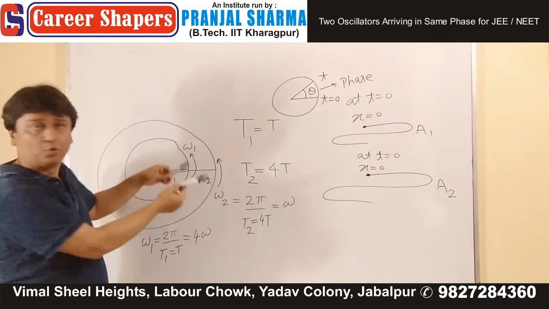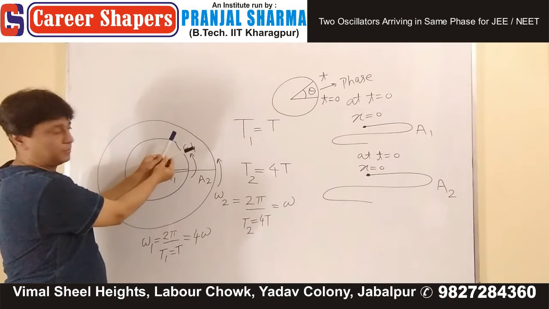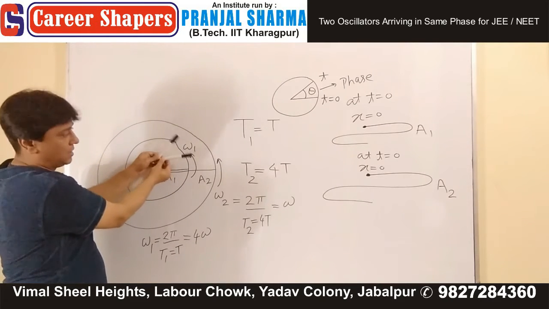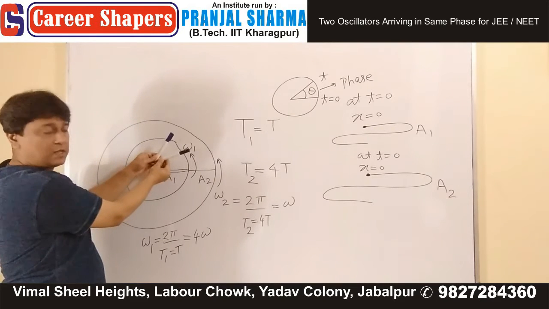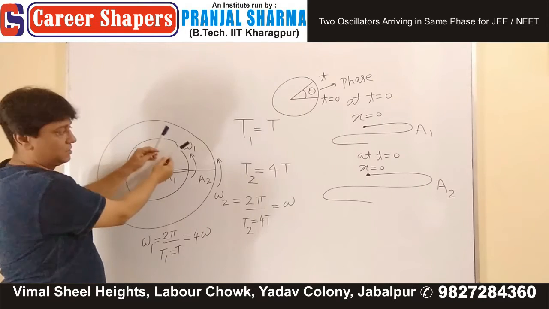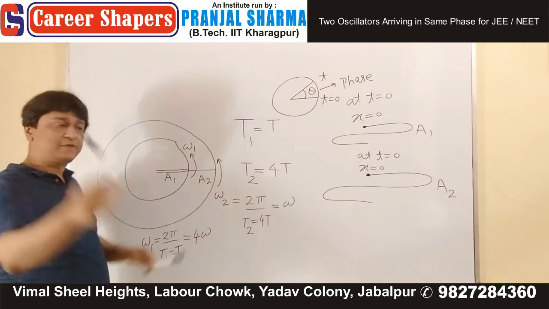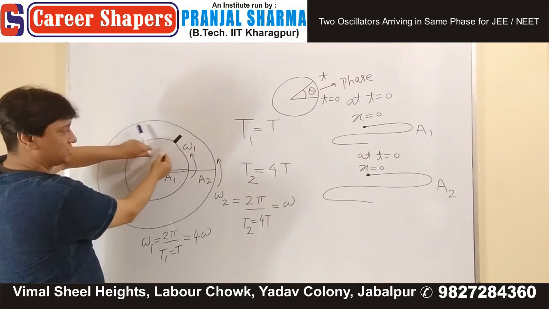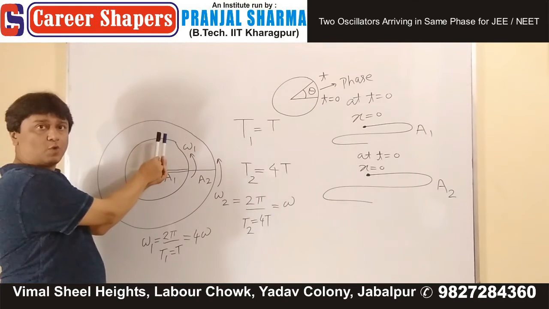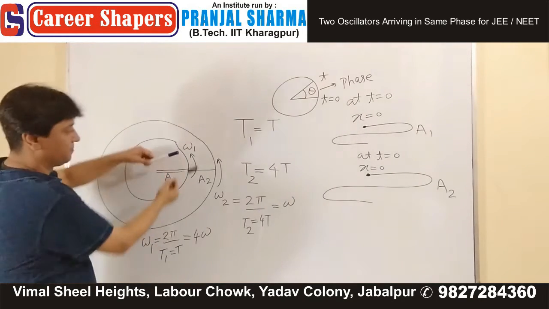The one that is faster will surely go ahead. But since it's faster, it covers more angle, but it's a circular path. After some time, the faster one is going to overtake the slower one. Try to visualize this part.